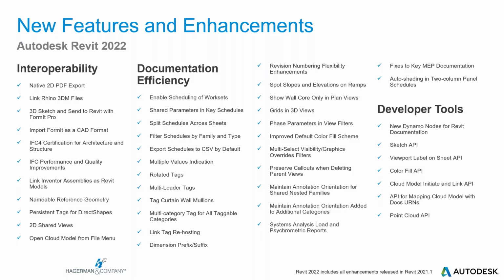Similarly, here are lists of features for interoperability, documentation efficiency, and the developer tools. Again, I'll pause for a second here so you can take a quick look at what we will be covering.